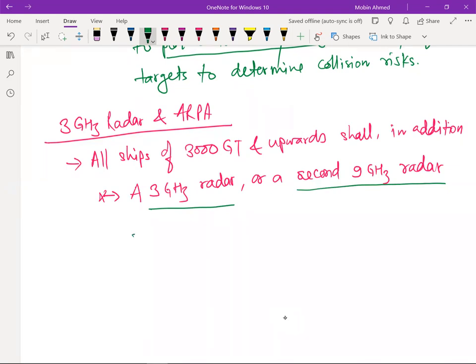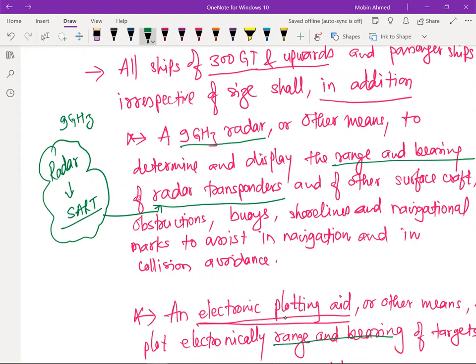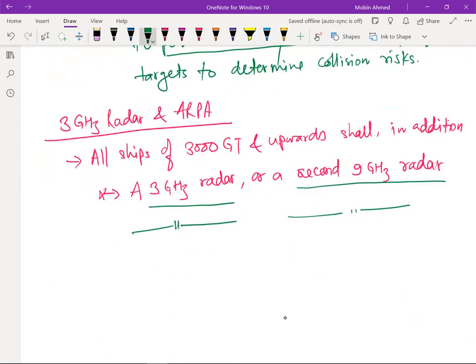The rest is all the same, so I just write dot dot dot. Same means you can copy it directly. Everything is going to be the same up to the collision avoidance, up to here, to determine and display, or other means; from here to here it is the same. So I'm not writing it again.